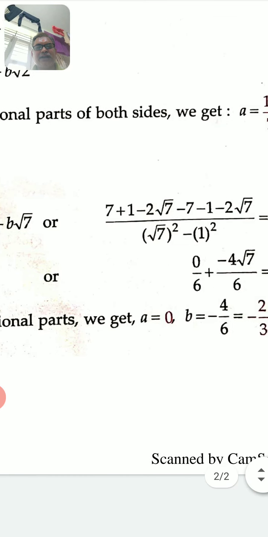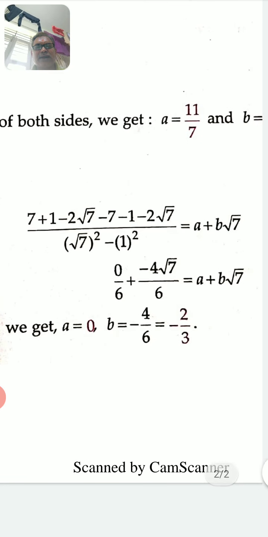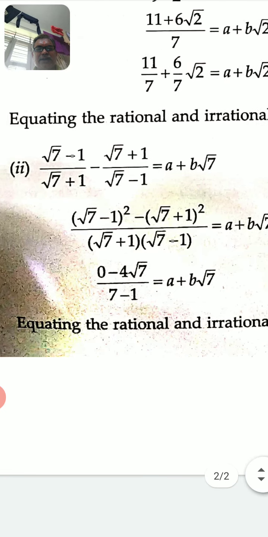By splitting up, 7 and 7 cancel, 1 and 1 cancel, minus 2 root 7 and minus 2 root 7 become minus 4 root 7 divided by 6. Again we can split it: 0 by 6 means 0 and minus 4 root 7 by 6. So a is equal to 0 and b is equal to minus 4 by 6, which means minus 2 by 3. In this way we can express this.